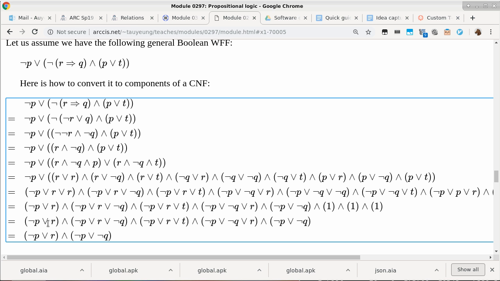Basically, not P or R being here also means that not P or R or T does not have to be there anymore. Because if you just look at it from the logic perspective, if not P or R is already true, don't you think not P or R or T has to be true too? Yes?